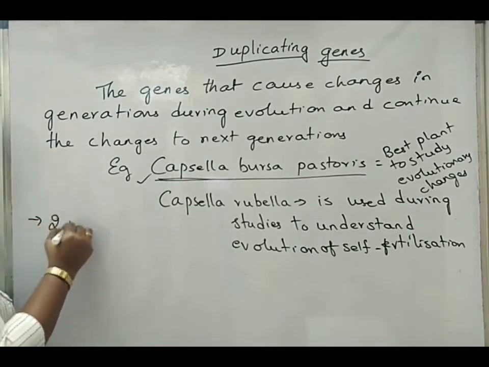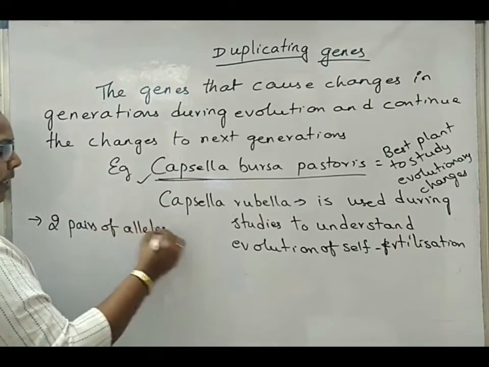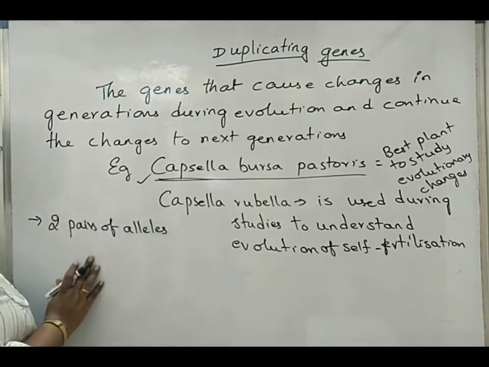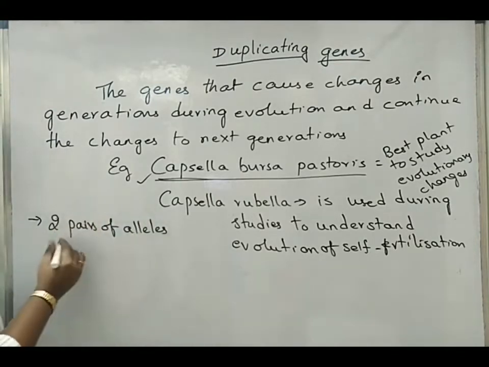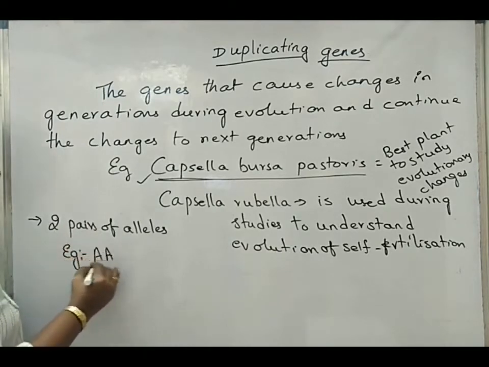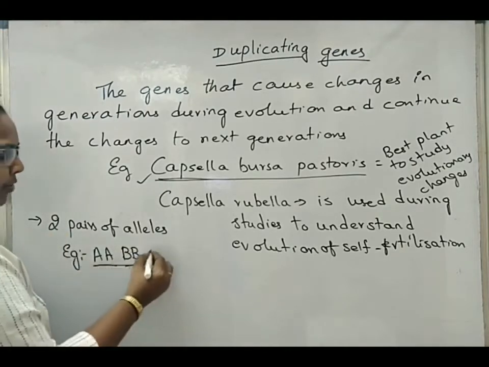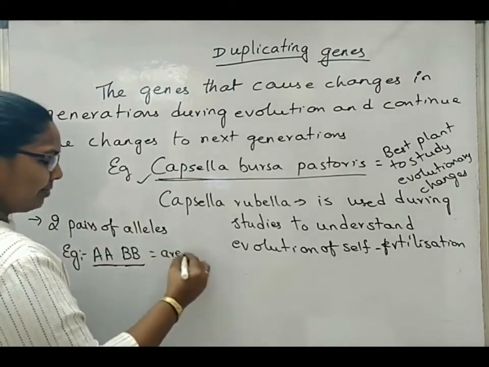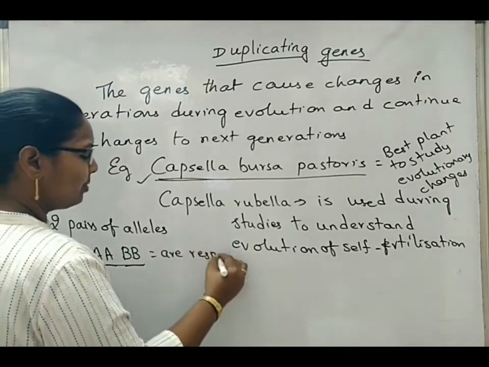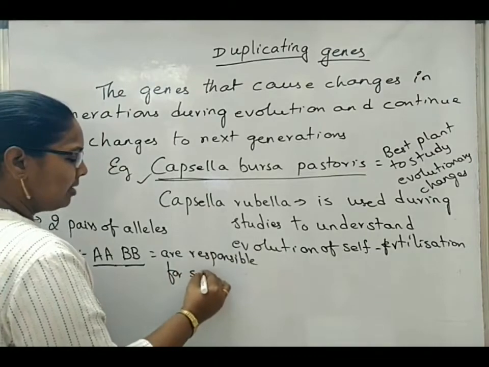There are two pairs of alleles that are responsible for the same type of character. Let's take a pair like this, and another pair like this. Both of them represent the same character.